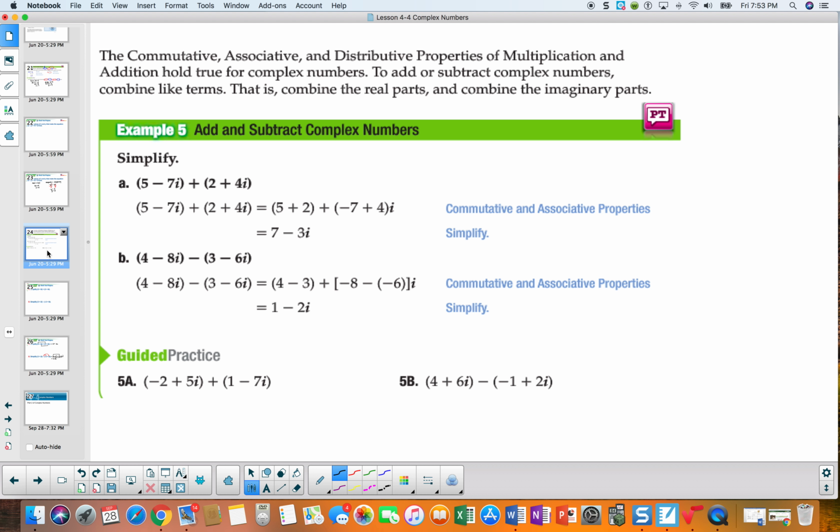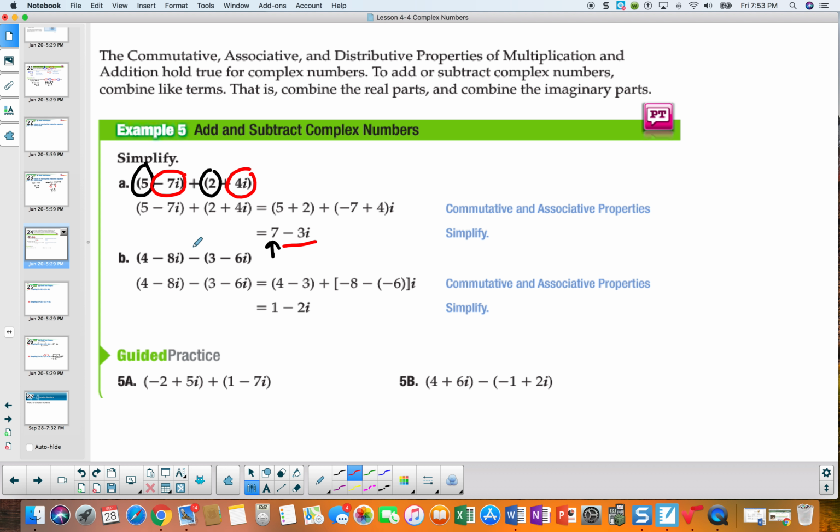Okay, so let's talk about adding and subtracting complex numbers. When you add complex numbers, you want to add the real part to the real part. So that's going to be our 7 here. And then you're going to add the imaginary part right here. I should include the i here. This is the imaginary part with the imaginary part, and that's going to create this number right here.